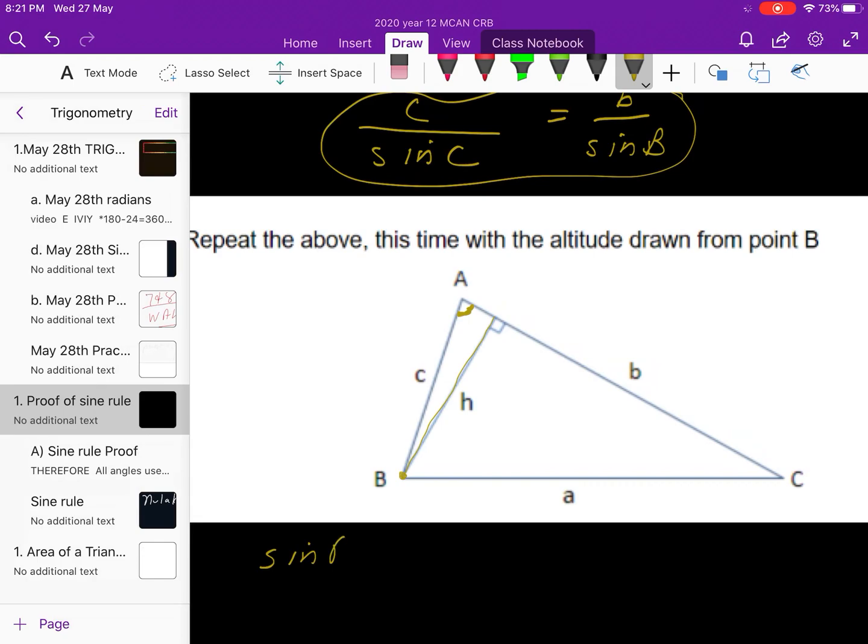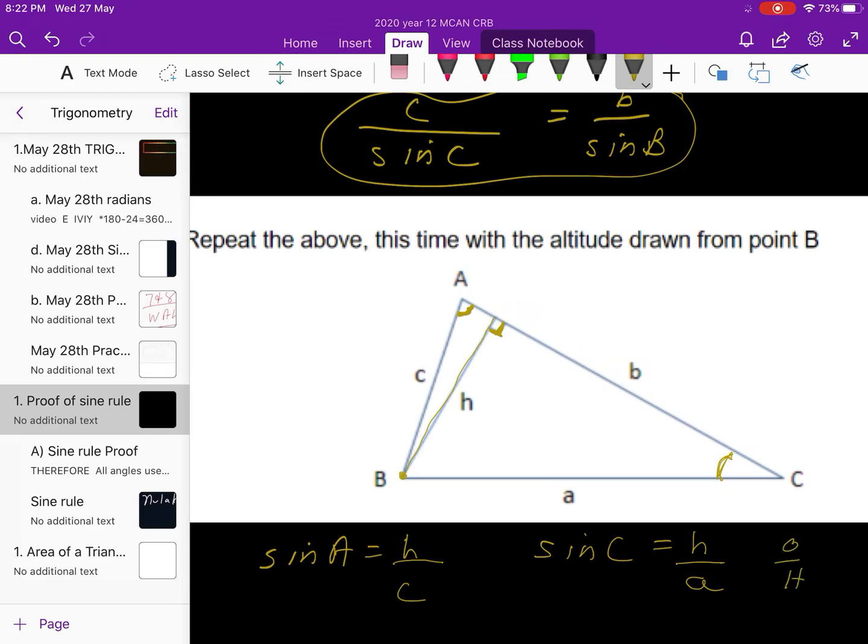So sine of A is going to be opposite over hypotenuse, which is H over C. And then sine of C is H over A, the hypotenuse, so that's the right angle there.